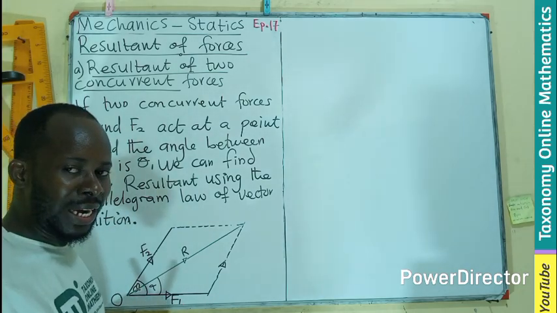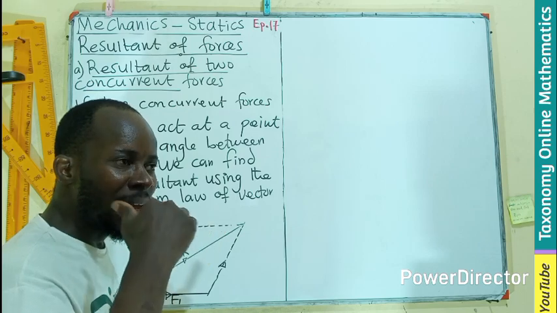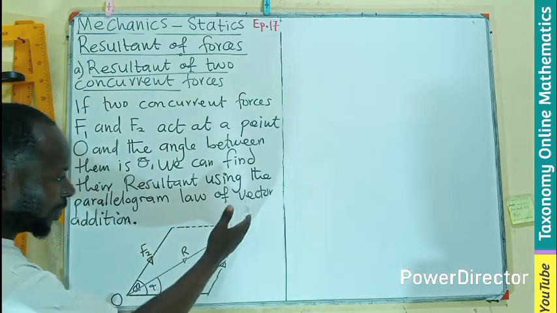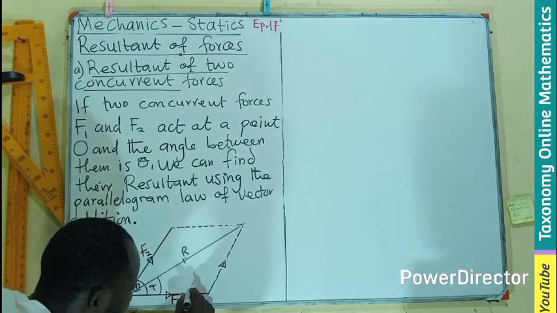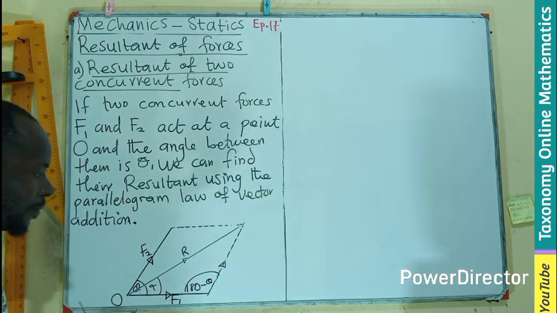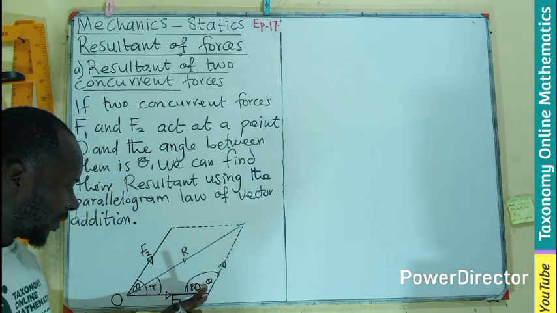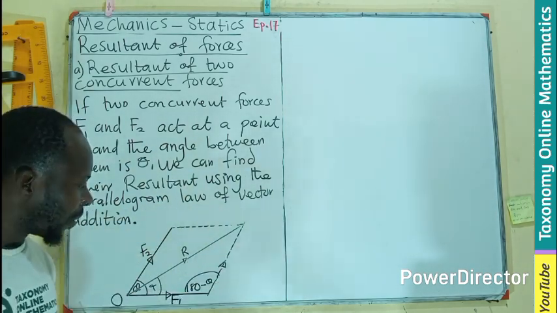Remember, co-interior angles are angles found on the same side of a transversal and parallel lines. So this is the parallel line. This line becomes the transversal. So this right here will be 180 minus what? Theta. Because this plus this will give us 180, co-interior angles.